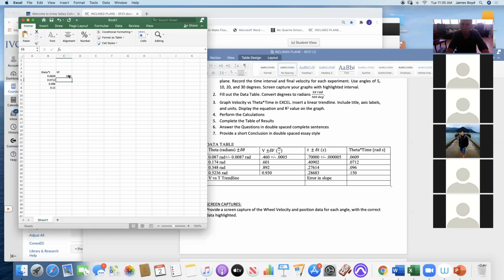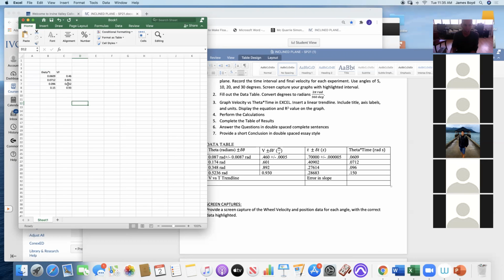Then I want my V final, and that is 0.460, 0.601, 0.892, and 0.930. Now, first check here is your V final should have increased with angle, right? Because the higher up, the faster it's going to be going when it hits the ground. And theta times time may or may not have increased, depending, because theta increased and time decreased.